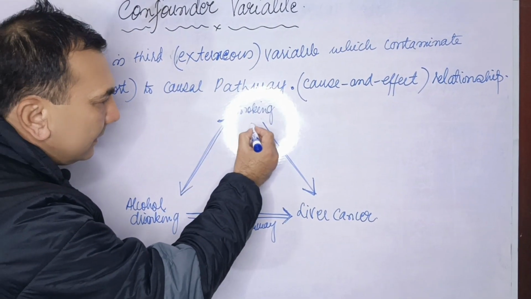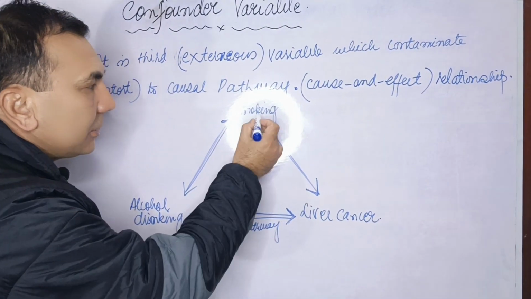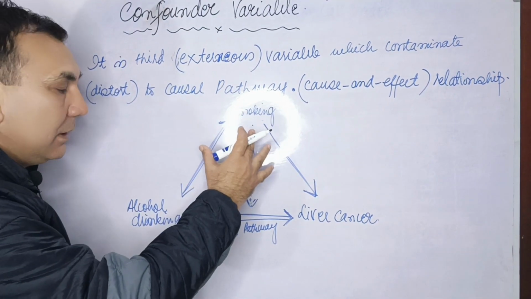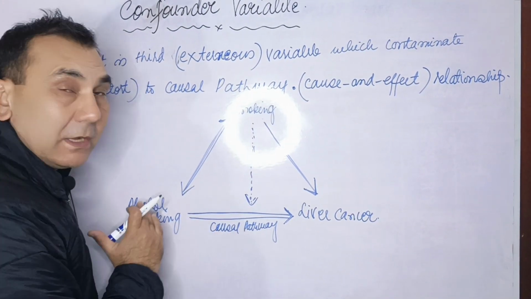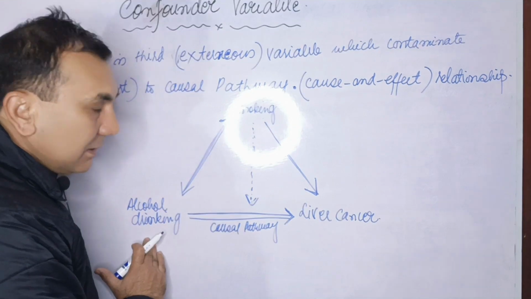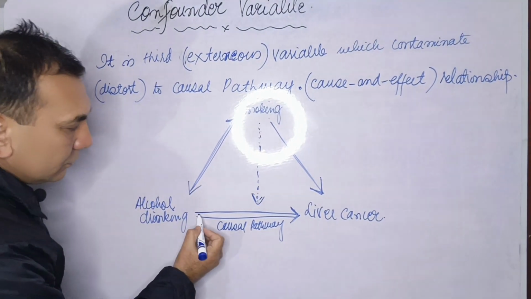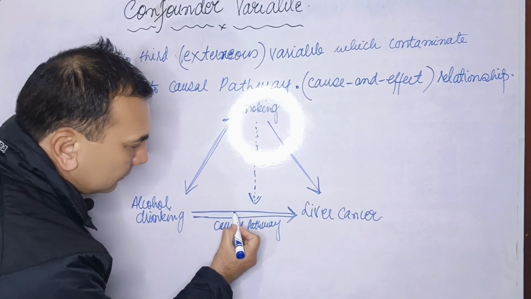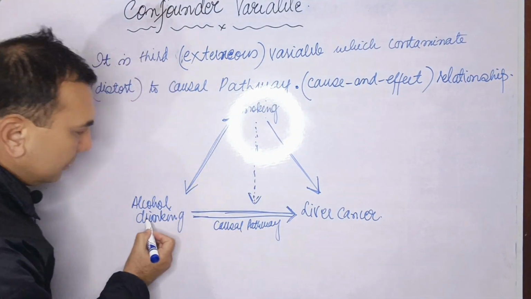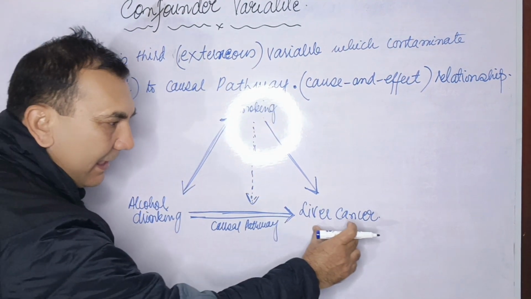Now smoking is the third or external variable which affects the causal pathway between the cause and the effect. Now see this arrow of the alcohol and the liver cancer.